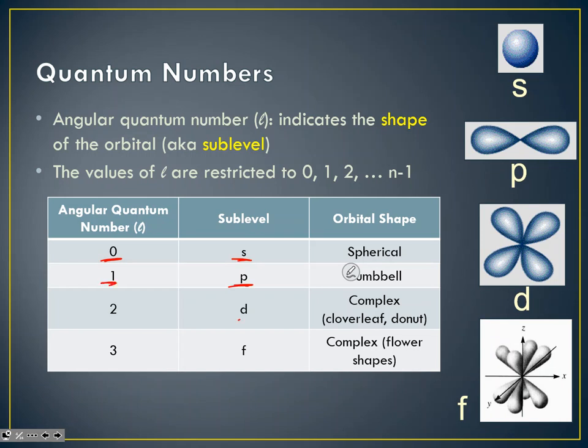If you're in the D, you get a 2. And if you're in the F block or F sublevel, you get a 3. There are only 4 possible numbers for L. It's 0 through 3, and it depends on whether you are S, P, D, or F. 0 is S, 1 is P, 2 is D, and 3 is F. Very simply put.